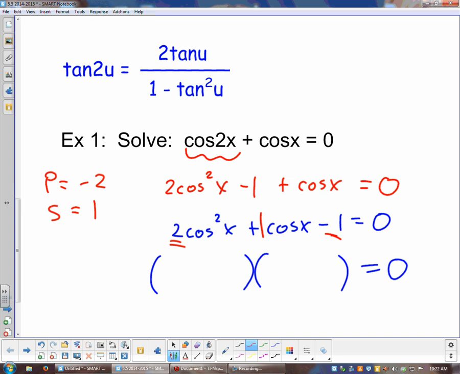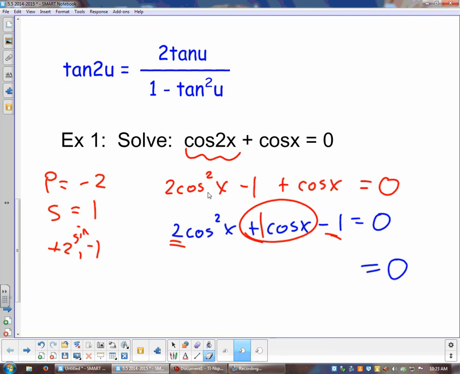So that means I really want to take out this 1 cosine x and replace it with a 2 cosine x and a negative 1 cosine x. Agreed? So we'll have 2 cosine squared x plus 2 cosine x minus 1 cosine x minus 1. That's still equal to 0.